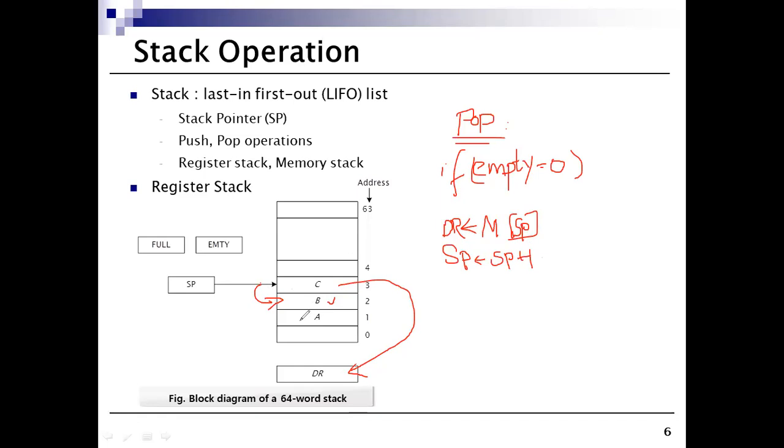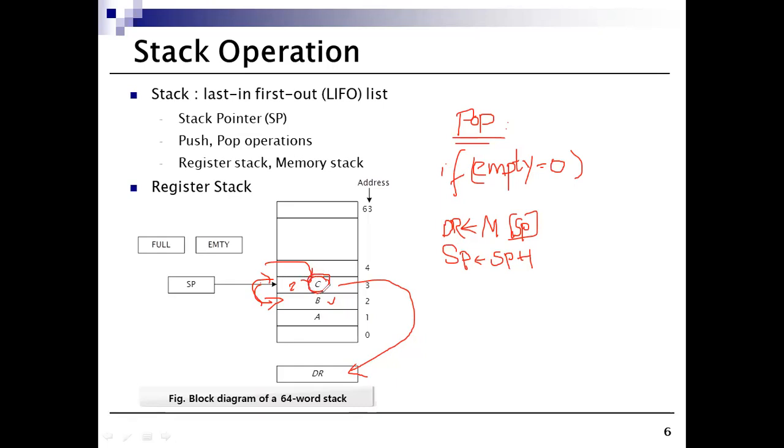Practically, we are not deleting any element. It is as if we are just moving the pointer down. If at this stage you do a push operation, the stack pointer will increment and this location will be updated with the new contents. So these contents are overwritten.